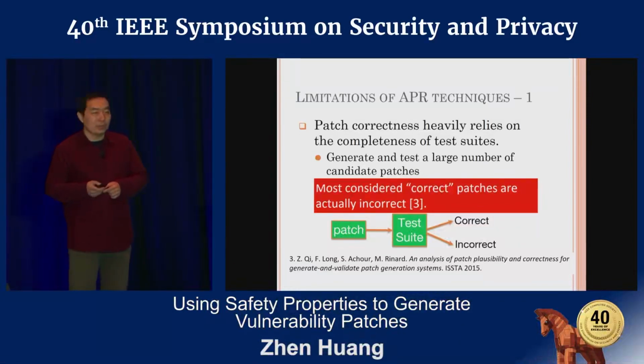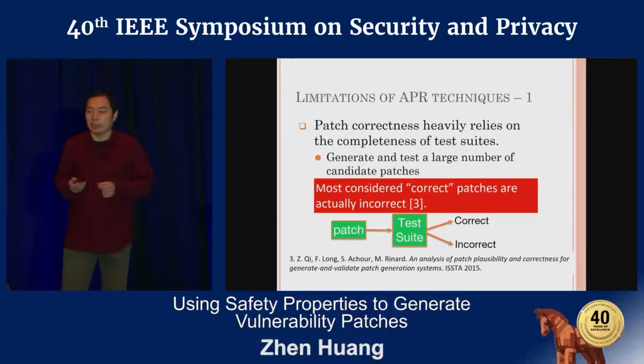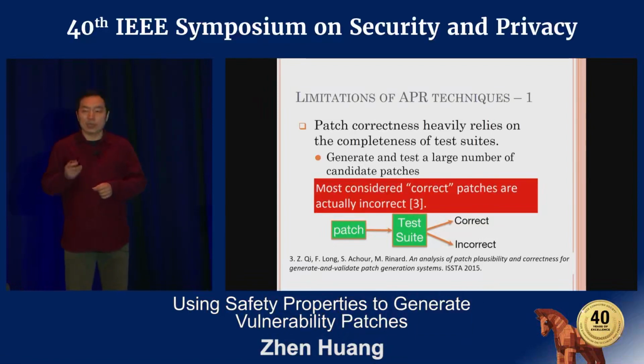First, the correctness of the generated patches is heavily dependent on the completeness of the test suite they use, because they generate a large number of candidate patches and then rely on the test suites to determine whether a candidate patch is correct or not.